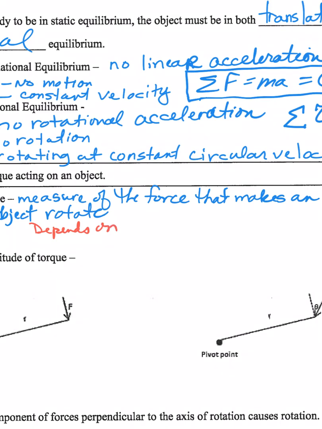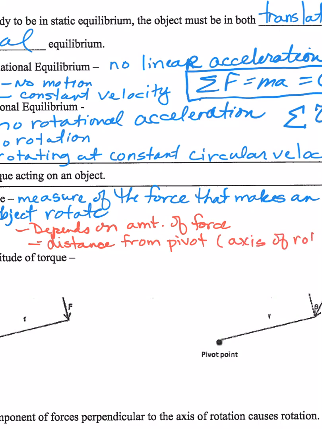The torque depends on the amount of force, that would be a magnitude, and the distance from the pivot, right? Now the pivot is also often called the axis of rotation. That's where it's going to be turning, isn't it?